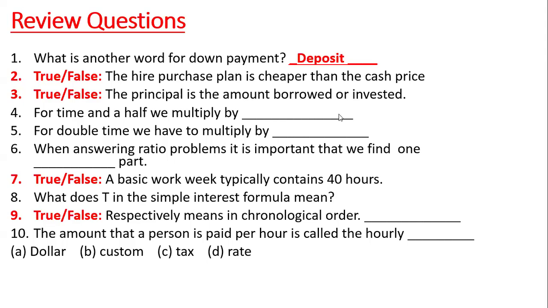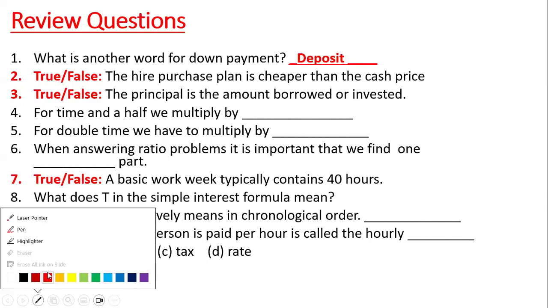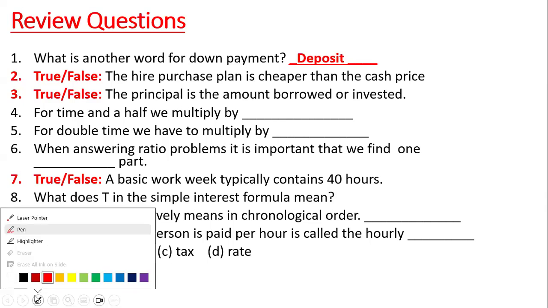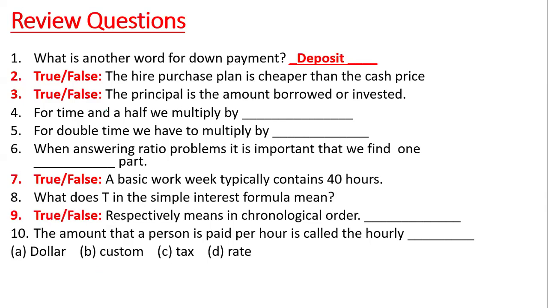False. Why you saying false? It's false because you pay money in the end. You pay extra, right? So with hire purchase you always pay extra, so the cash price is cheaper. Very good. So this is definitely false.